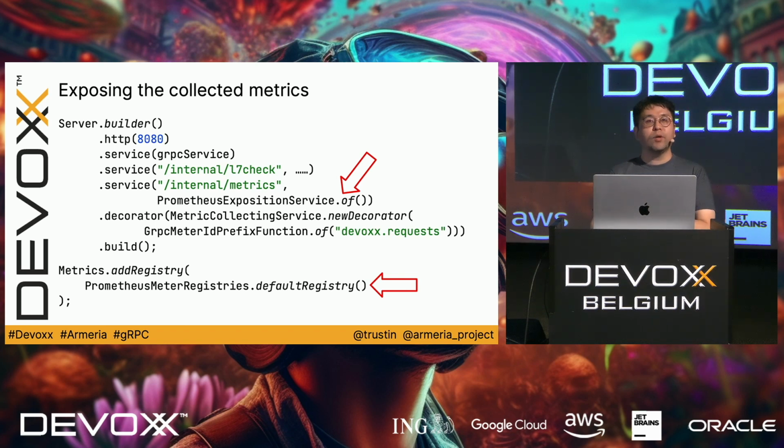Now, we collected the metrics, but how do we expose them? There are many ways to expose those metric numbers to some metric collecting system, but what's most common is the Prometheus exposition format. So we add another service called Prometheus exposition service. By doing that, all the metrics we collected will be exposed at this endpoint called internal/metrics.